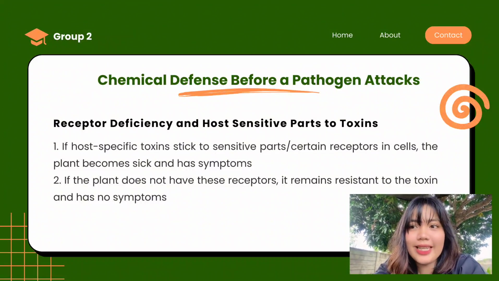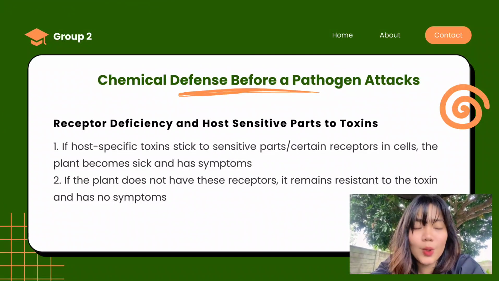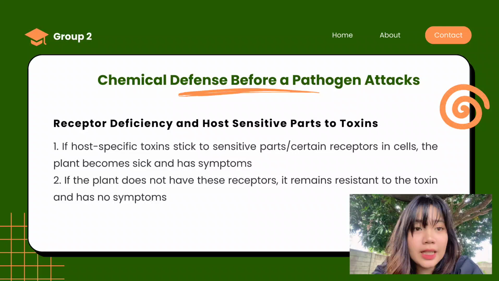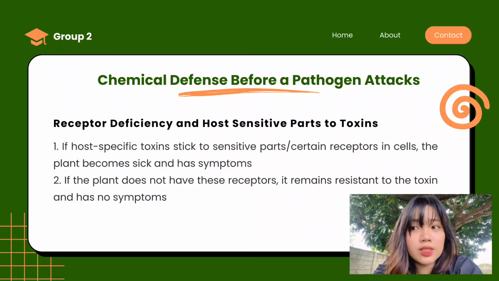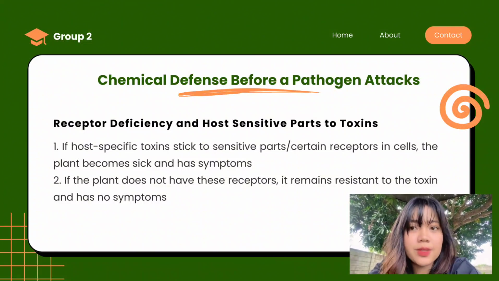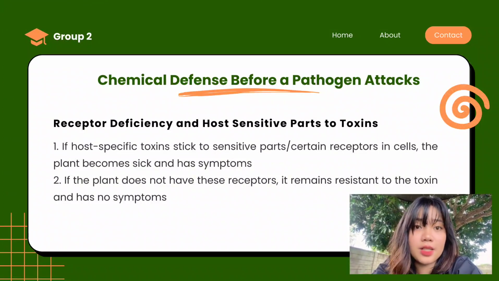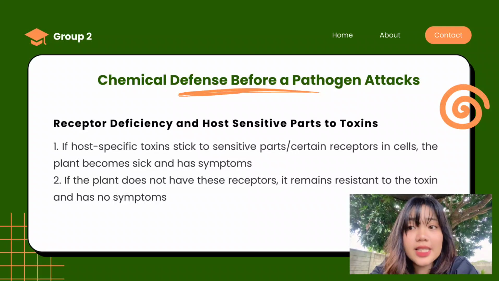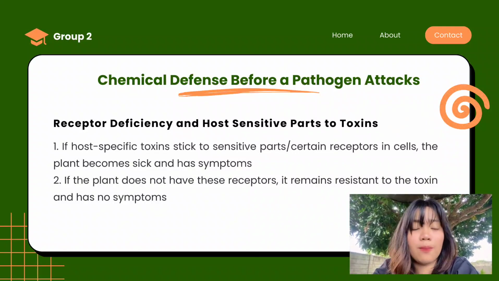Receptor deficiency and host sensitive parts to toxin. If the specific toxin sticks to sensitive parts or certain receptors in cells, the plants become sick and have symptoms. If the plant does not have these receptors, it remains resistant to the toxin and shows no symptoms.